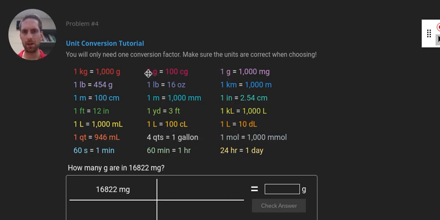It looks like, oh, milligrams, my bad. Here's grams, and this is milligrams. So it's going to be 1,000, so 16.822. I just moved the decimal 3 over. It was here, and it was here, and then I moved it 3 over. 1, 2, 3, because I'm dividing by 1,000.